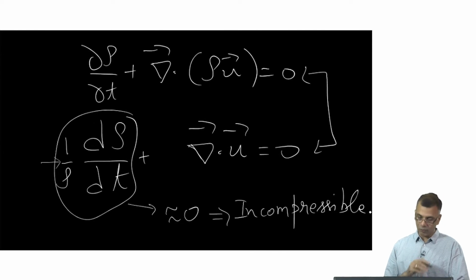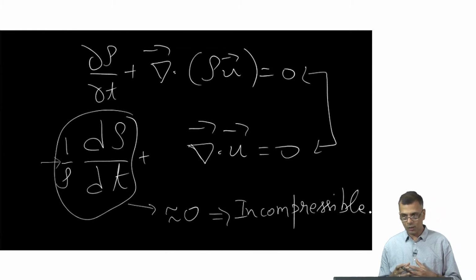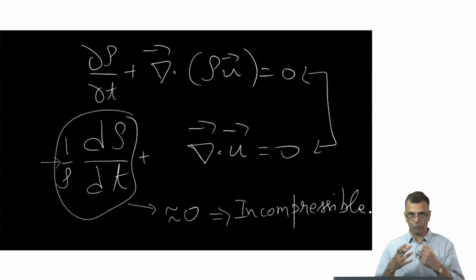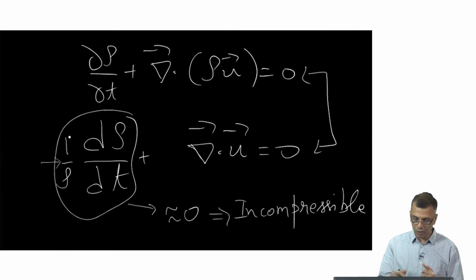In other words, according to the person who's moving along with the fluid parcel, there are not too many density changes. So in which case, if this first term is almost equal to 0, that means the second term had better be equal to 0, because the sum of these two is equal to 0.